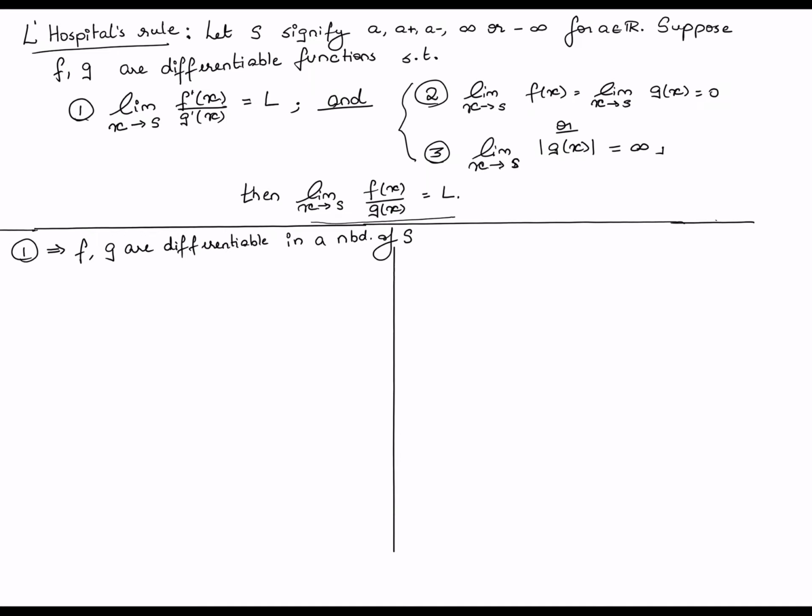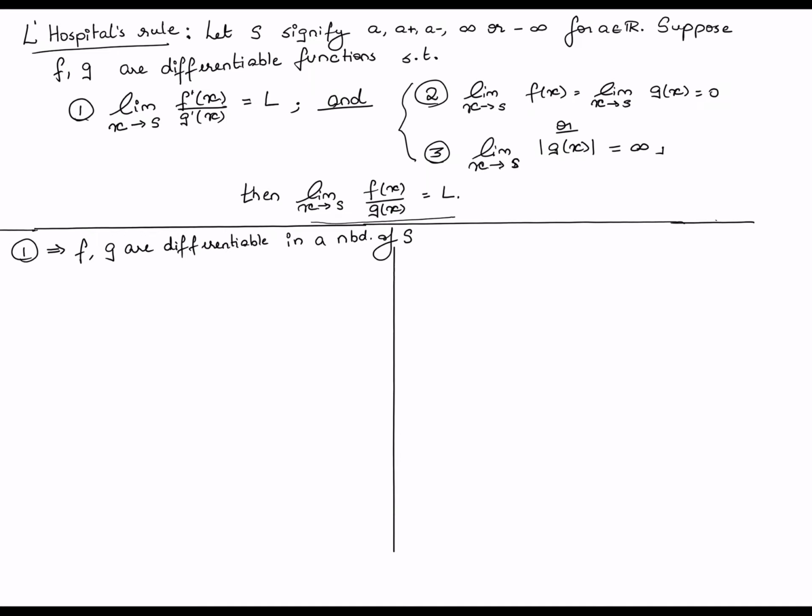So for example, if S is A plus, that means that in some open interval from A to B, let's say, where B is larger than A, f and g are differentiable, such that the derivatives f prime and g prime are well defined in this open interval.